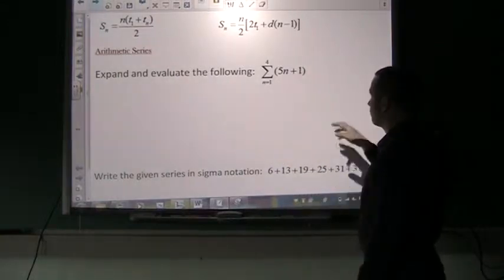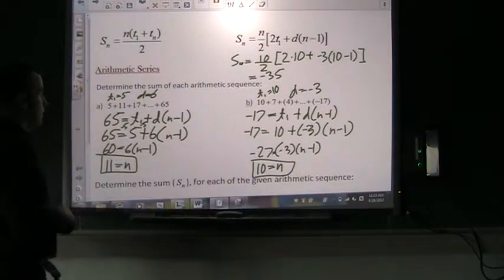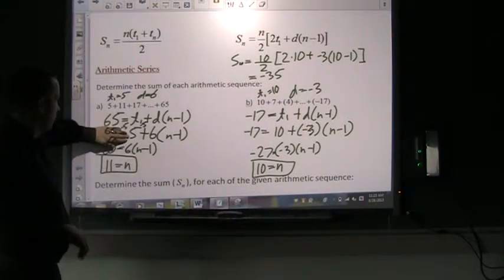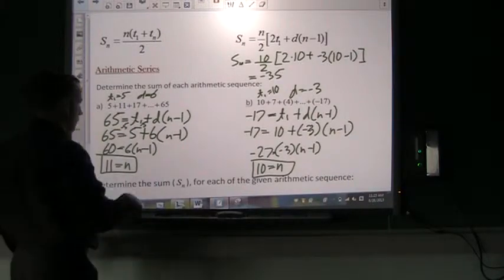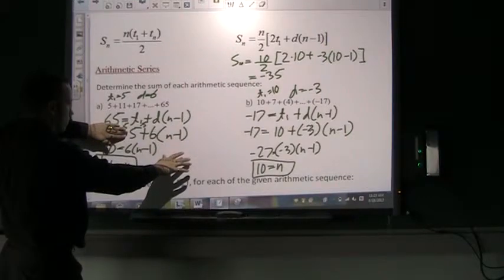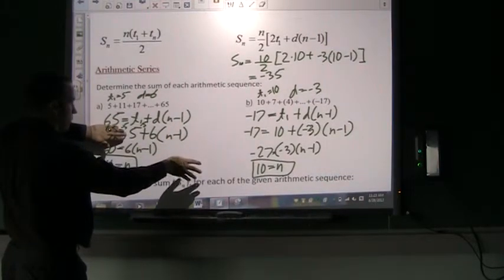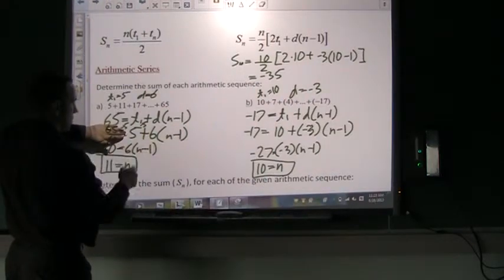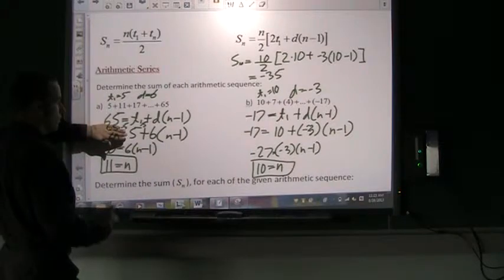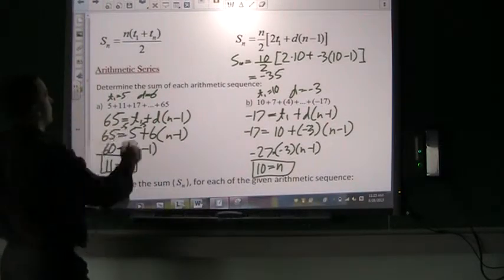So for instance, these general formulas that I've had back here, so let's say this general formula right here, if I wanted to, I could actually multiply this all out and collect like terms, and I would get 6n plus 1. And that would be the same as what's written right here. So my general formula for the sequence would be 6n plus 1.